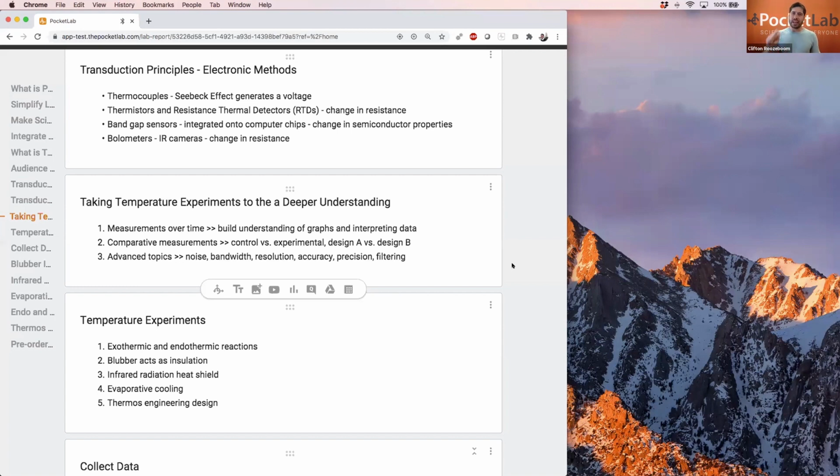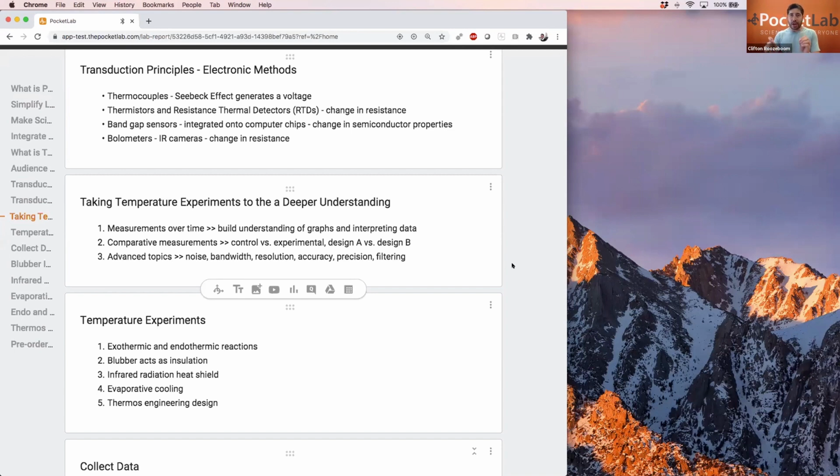If you can take those temperature measurements and do it over time, we think it's really powerful because you build understanding of time graphs and interpreting data using a very fundamental, foundational concept. So you don't have to struggle with the science component. You can really create graphs that then get into the data analysis component, which we love.